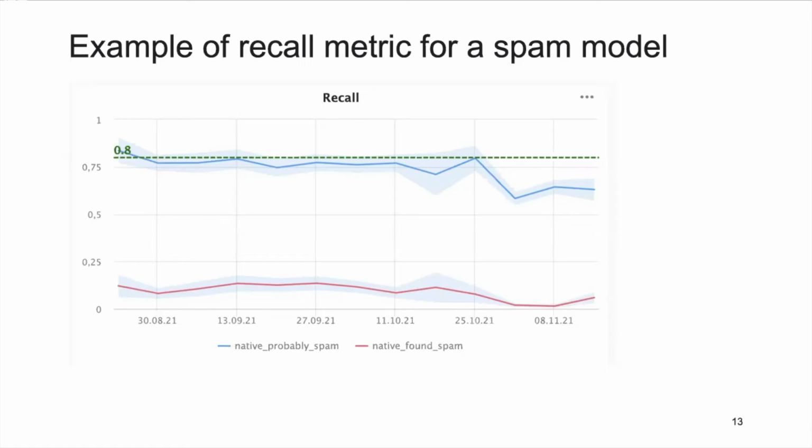And here's one of our spam models, and you can see that the recall of the spam model degrades over time. Here I have 2 lines because we have 2 thresholds for a model. With one threshold, we just ban the content, and with the other threshold, we send it to Toloka.